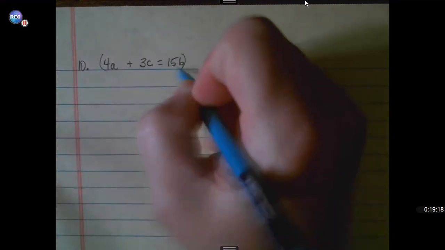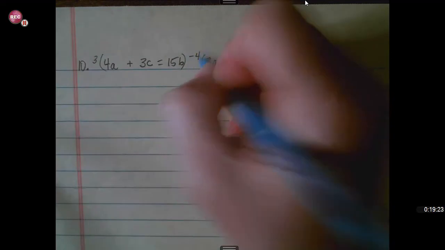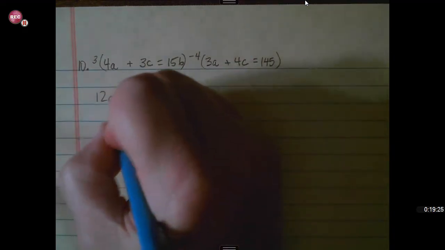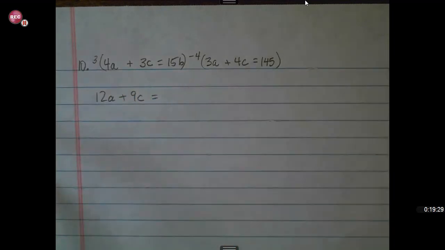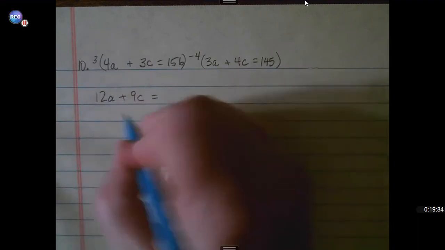I'm going to drop out the adults. So I'm going to multiply this equation by 3 and multiply this equation by -4. So 12a plus 9c equals 156 times 3 is 468.